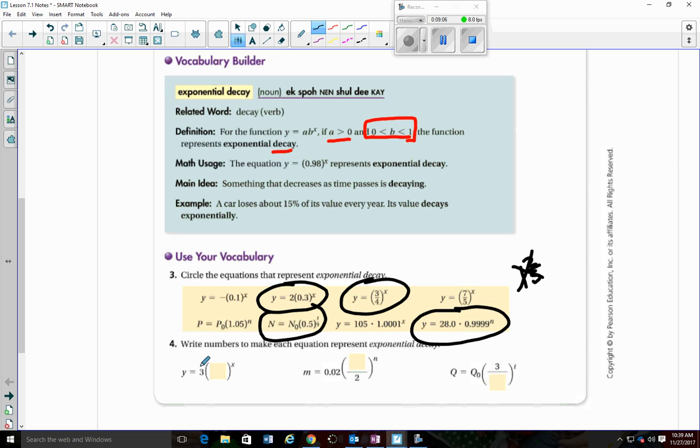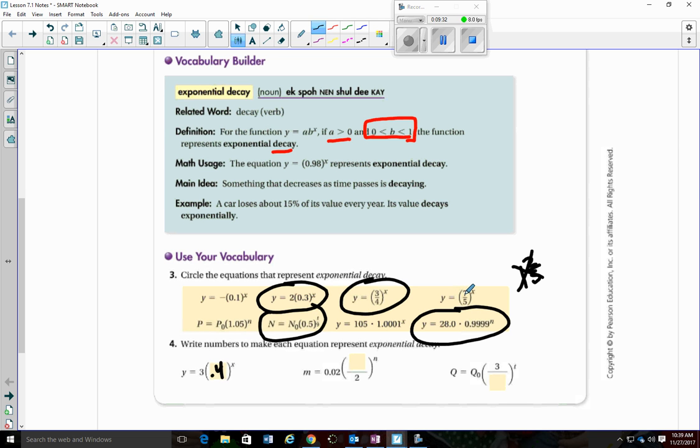Logan says 1/4, and anything that's less than 1. So I can say 0.4, 0.3, 0.2. You can do a fraction, 1/3, 1/4, 1/5, as long as it's proper. You don't want to do an improper fraction, because then you're back to that scenario.